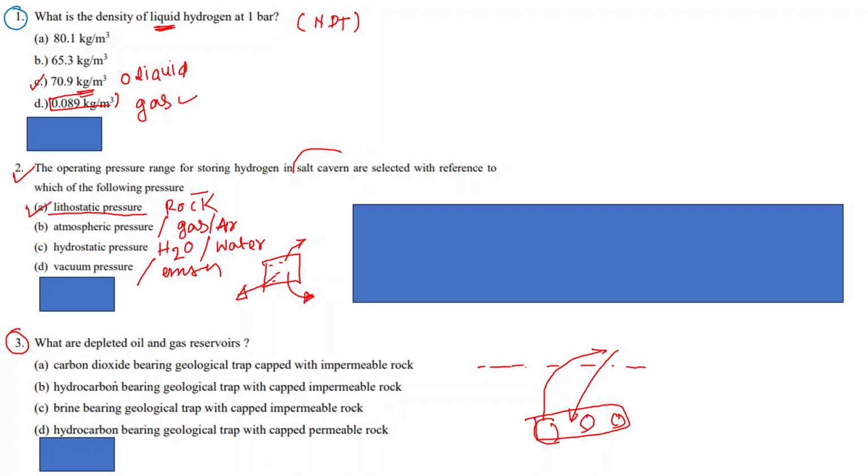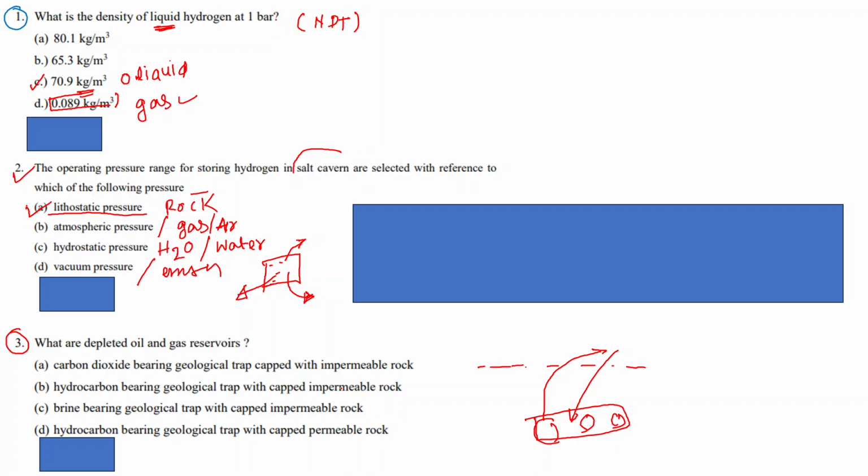Okay, so the carbon dioxide bearing geological trap capped with impermeable rock, hydrocarbon bearing geological trap capped with impermeable rock.